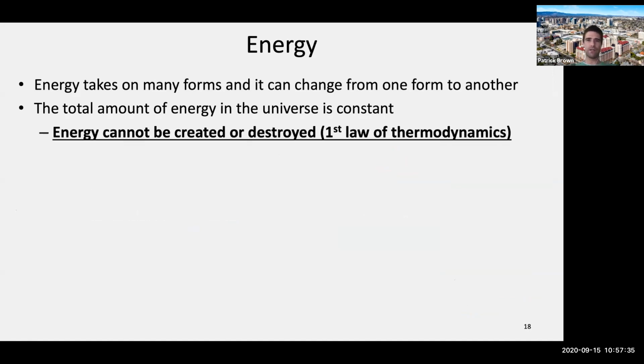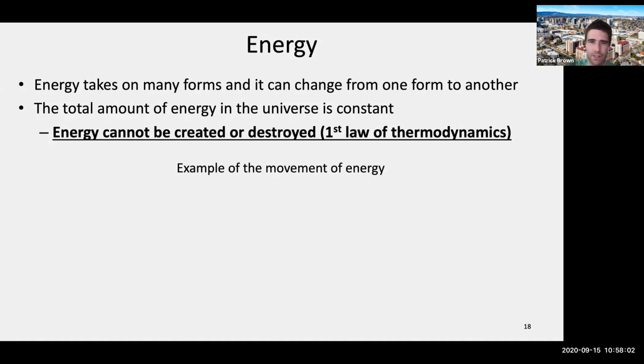Energy cannot be created or destroyed. It gets a little bit tricky when we're talking about nuclear energy because you're converting mass to energy with E equals mc squared. But on Earth, it's pretty simple. It follows the first law of thermodynamics, which is what we're talking about today. Basically, we are never creating or destroying energy.